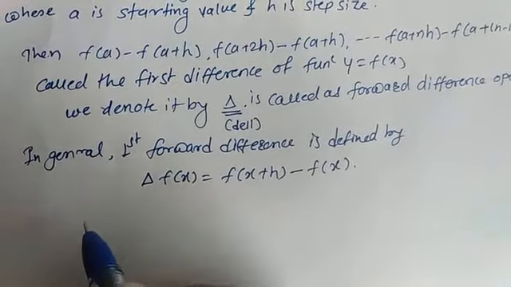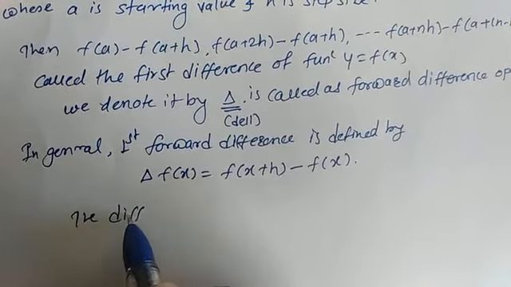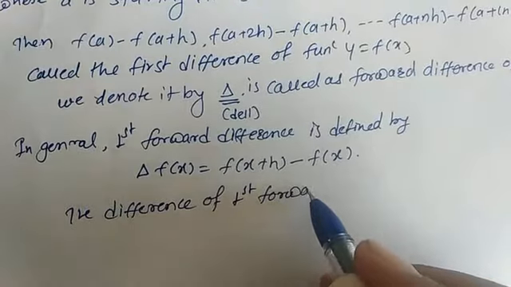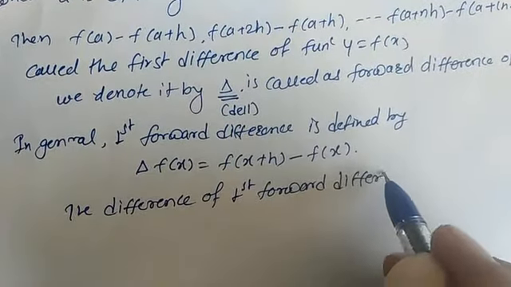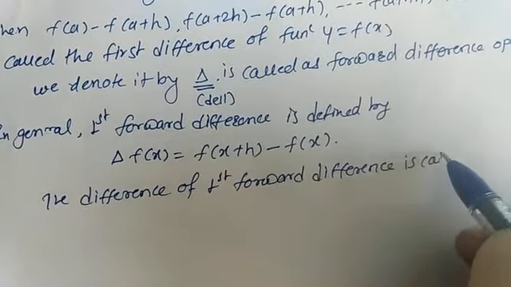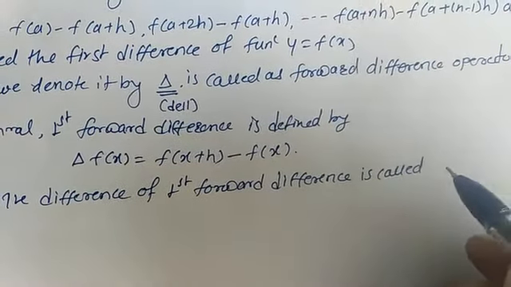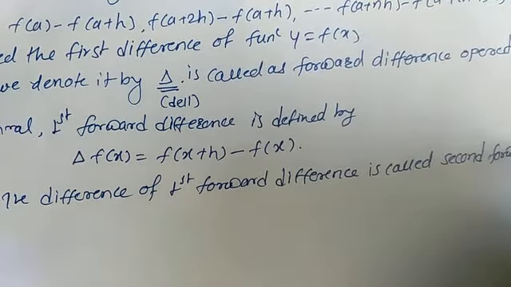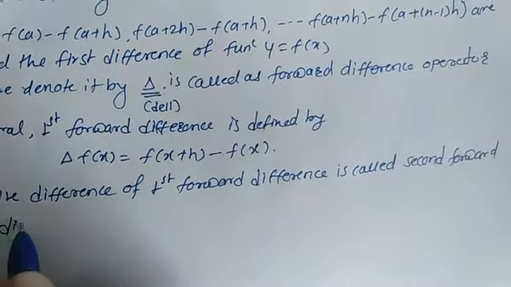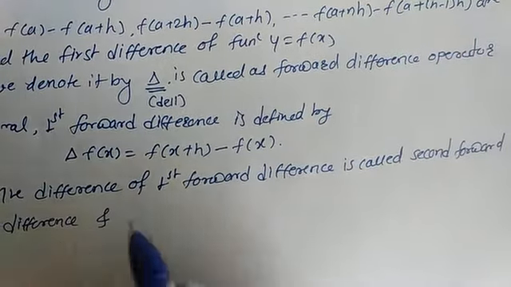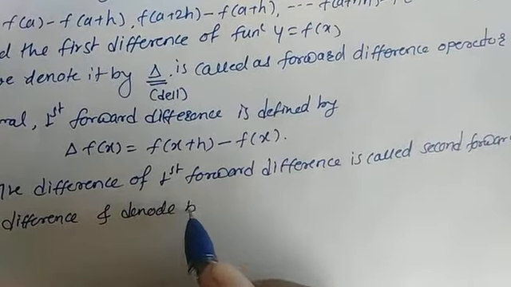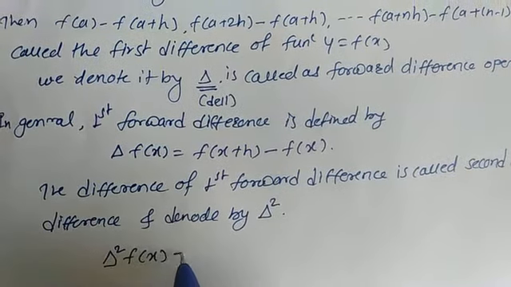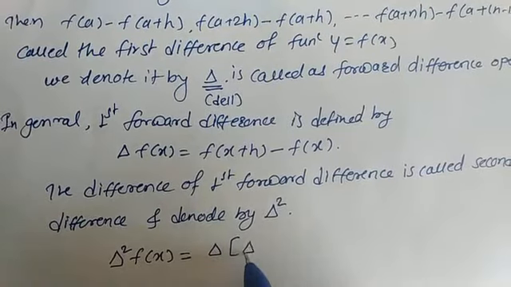Next, the difference of the first forward difference is called the second forward difference and is denoted by del square. So in general we can write del square of f of x is equal to del of del f of x.